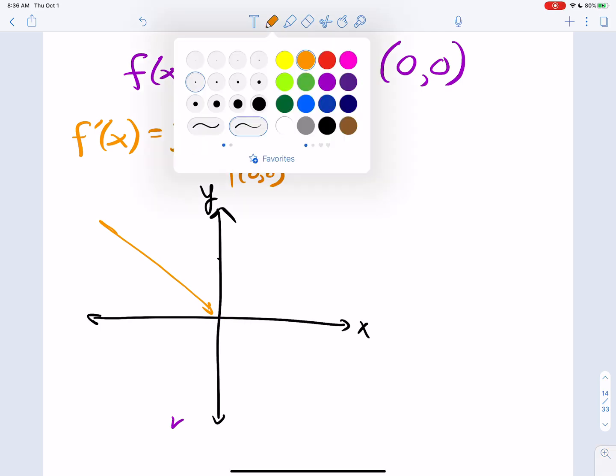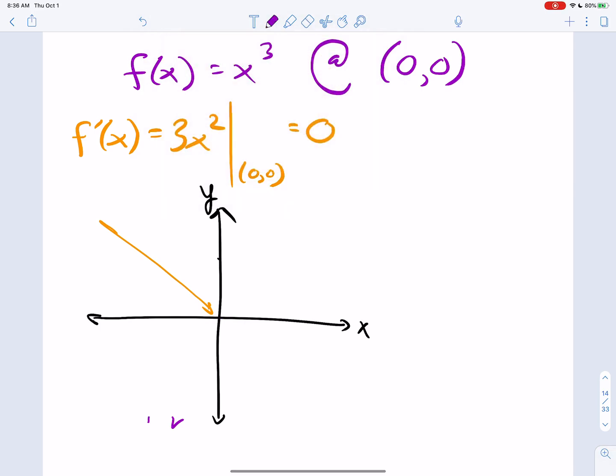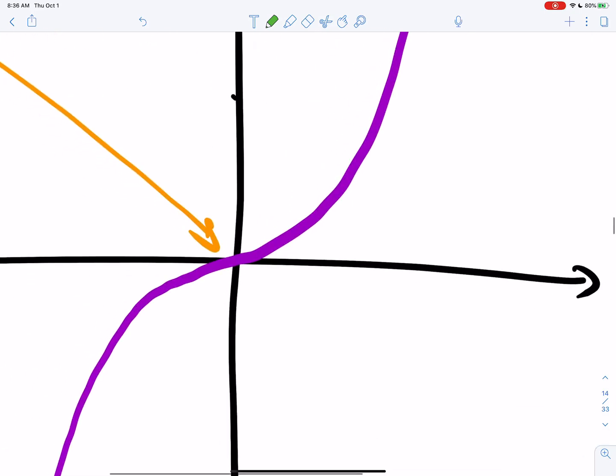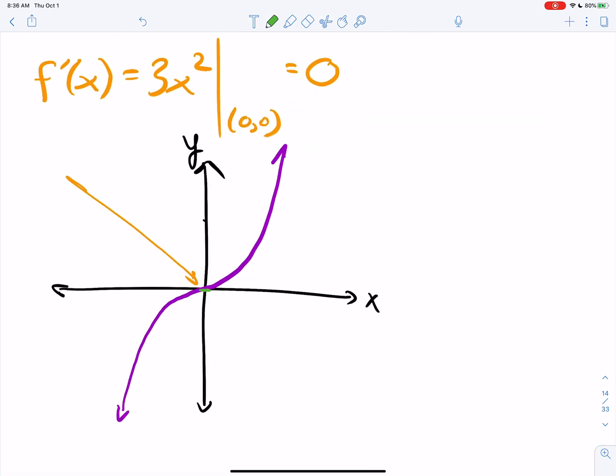It's a little bit flatter, maybe a little bit like this. Because I can't draw it perfectly, it looks a little bit different, but if you were to zoom in there, that slope is 0. But it goes against what we've been talking about here.